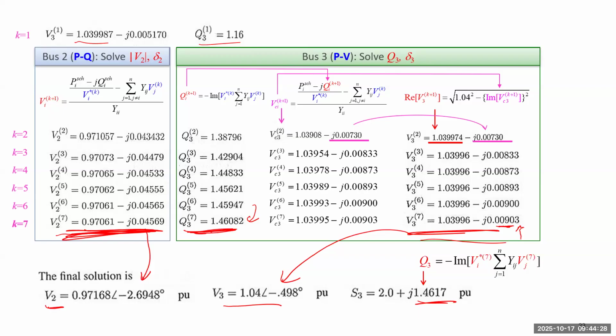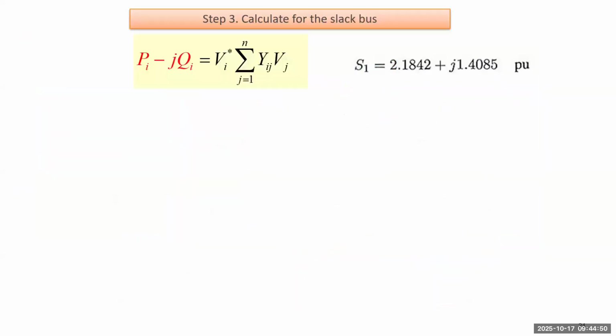So we just need to plug in the more accurate V2 and V3 at iteration 7, then update. So you see there's a little change after the third digit. Okay, so those will be the final answers for the system.